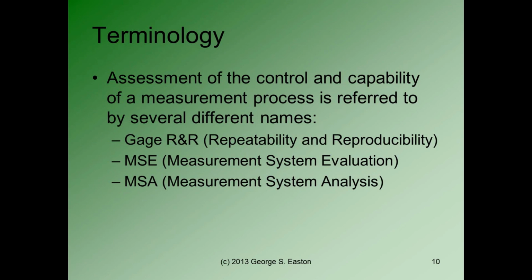If somebody talks about Gage R&R, Measurement System Evaluation (MSE), or Measurement System Analysis (MSA), they're talking about the same thing, which is determining that the measurement system being used, or the measurement instrument, is both on target and of sufficiently small variation that it is really useful for what you're trying to measure.